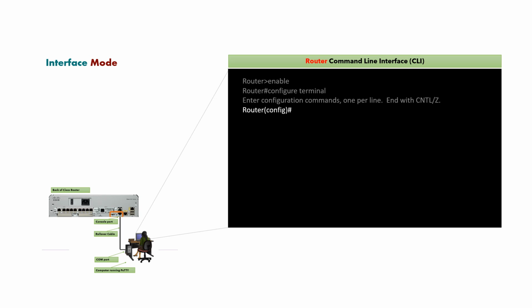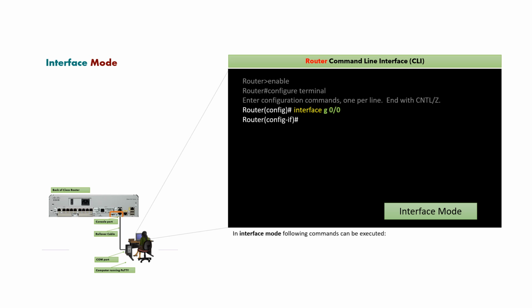In order to access interface mode from global configuration mode, you need to type the following command: interface space the interface name and its ID, in here gigabit 0/0. The prompt for interface mode is router open parenthesis config-if close parenthesis #. If you type question mark and press enter, all the commands available at this mode are going to be displayed and explained.